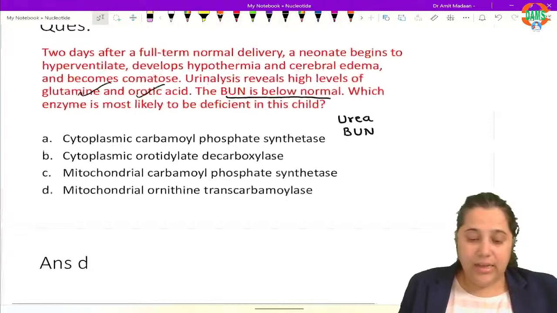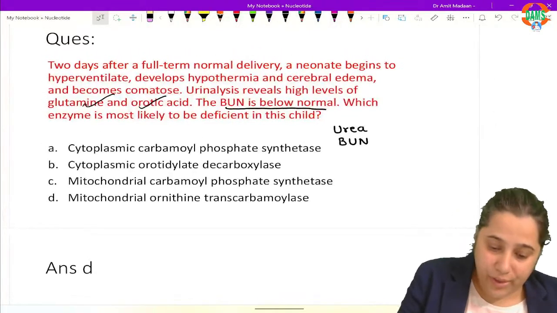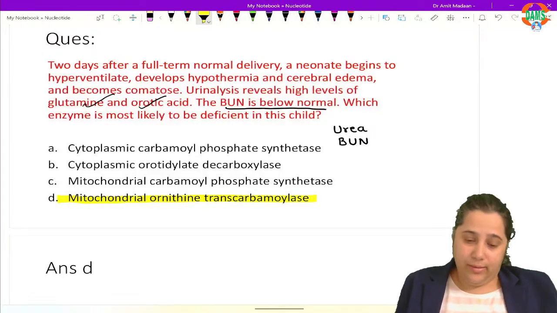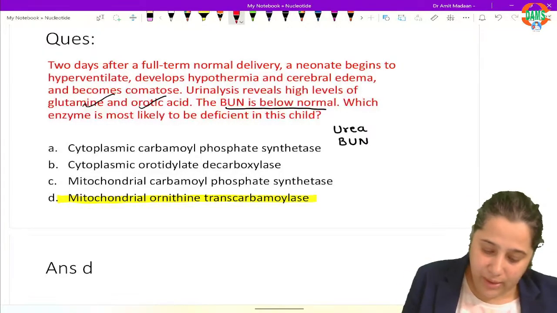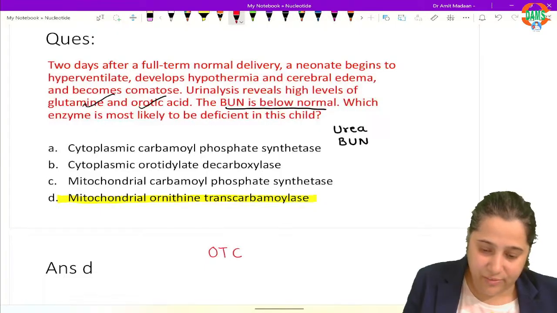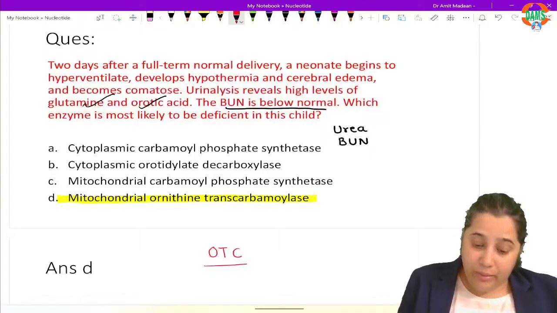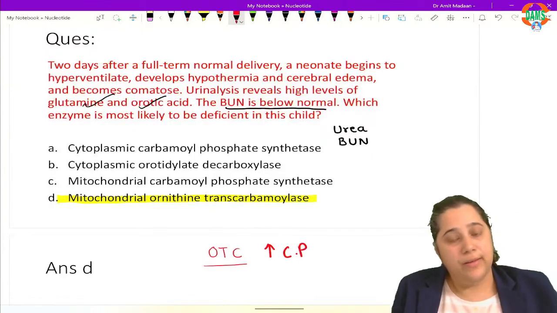The answer here is mitochondrial ornithine transcarbamylase. What will happen if OTC is defective? If the OTC is defective, there will be high levels of carbamoyl phosphate.